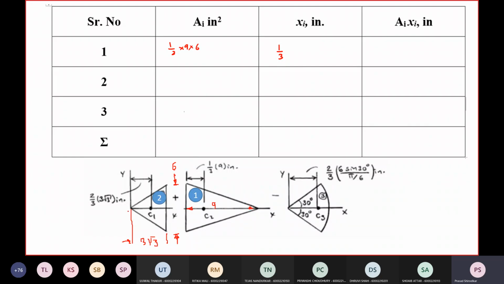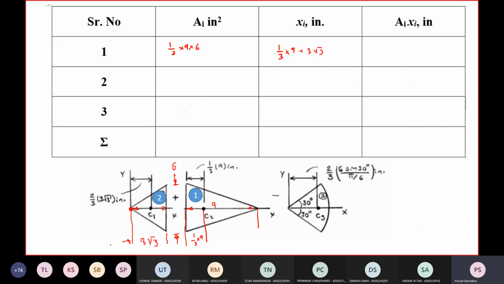Now remember the origin is over here. So the centroid of this will be 1/3 of 9, since this total distance is 9, plus you have to add this distance, and that distance is 3 root 3. So 1/3 of 9 plus 3 root 3.